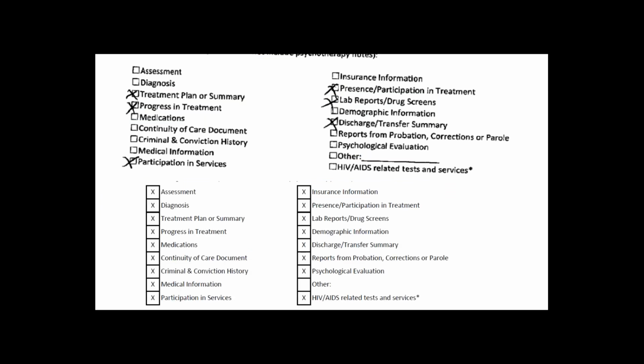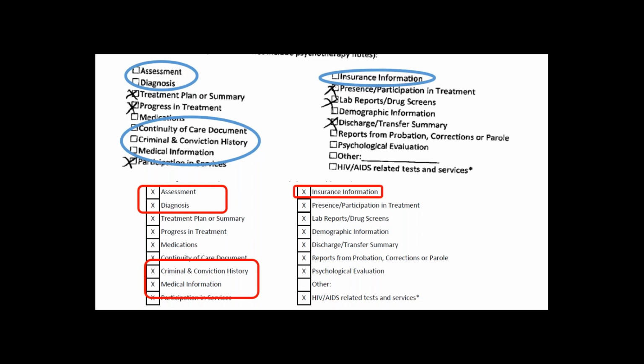Here's another example of a paper copy where they selected information they wish to share with an individual. You can see what they've checked here. Now, this is the form that they actually checked every single box with the exception of other. So they did not check assessment and diagnosis, but yet they checked it on the form they completed. And then a section there where, again, they completed it, insurance information.